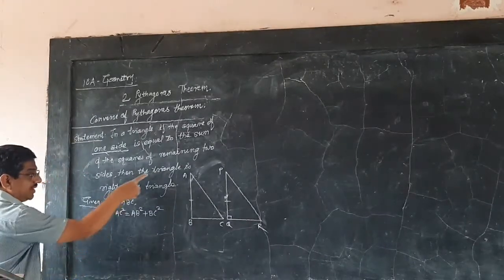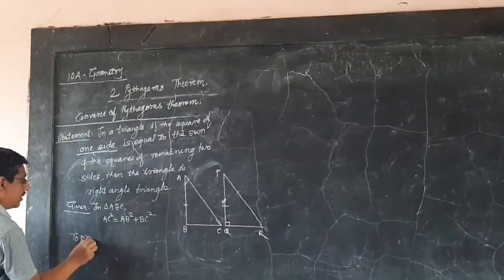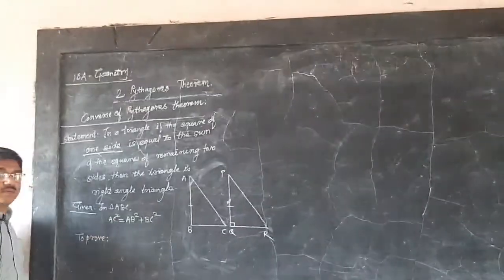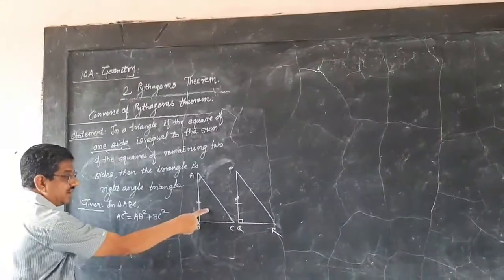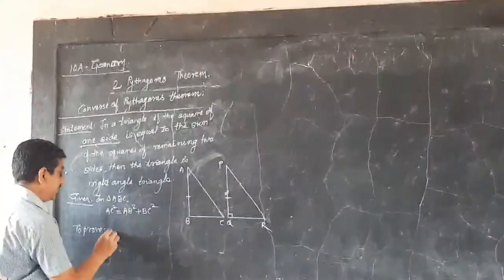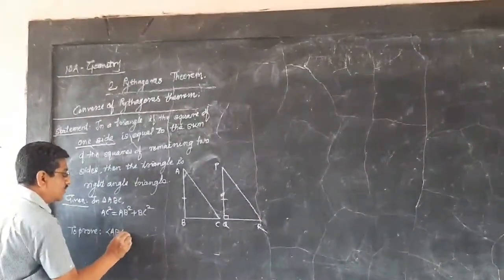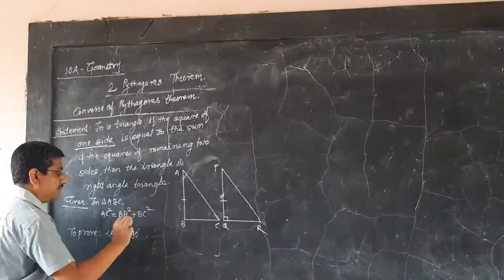Then the triangle is a right angle triangle. Then to prove, we have to prove this triangle is a right angle triangle. It means you have to prove angle B is 90. Angle ABC is equal to 90 degrees.